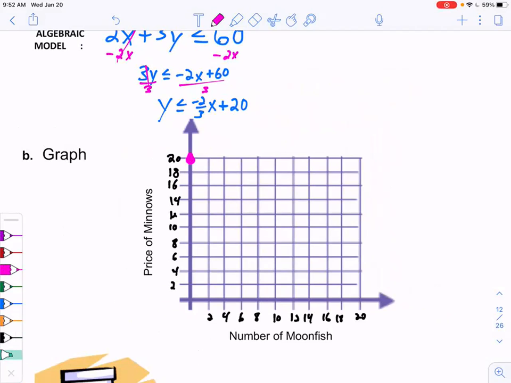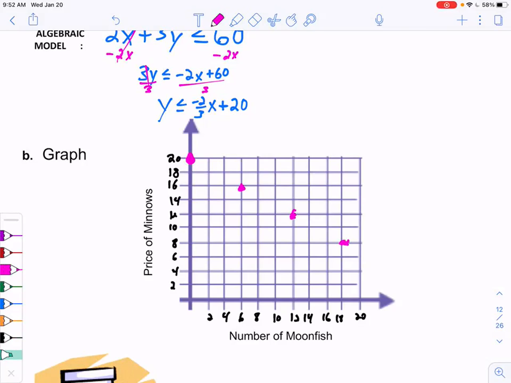It doesn't have to be by $2 or by 2 fish. We can actually just go 2 lines down and then 3 lines over. Does that make sense? And then you repeat the process. And you can only do this because both the x and the y axis are exactly the same. So you're going to make your points.